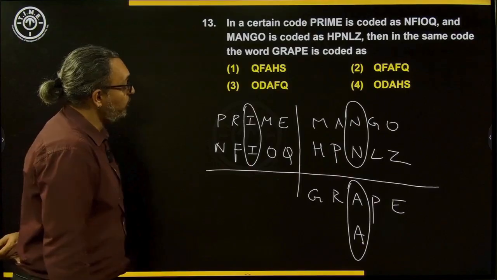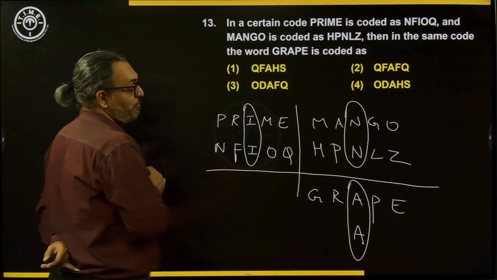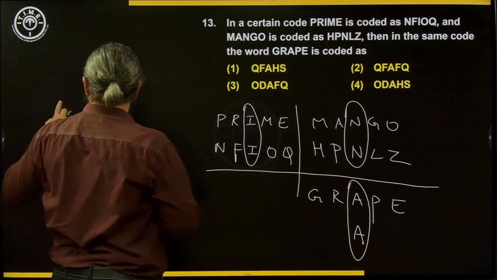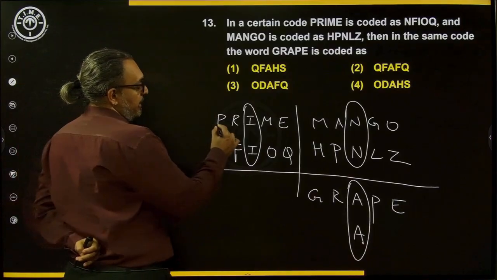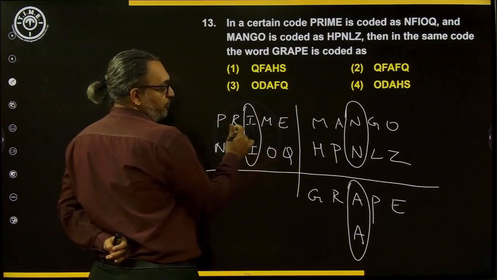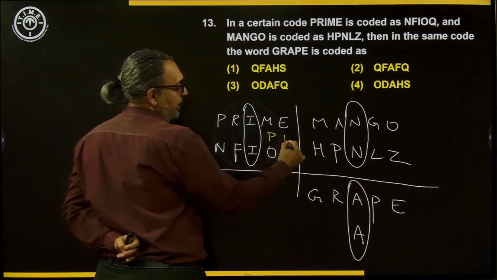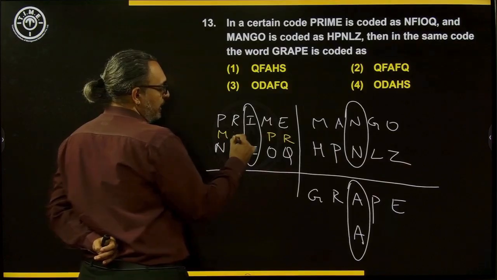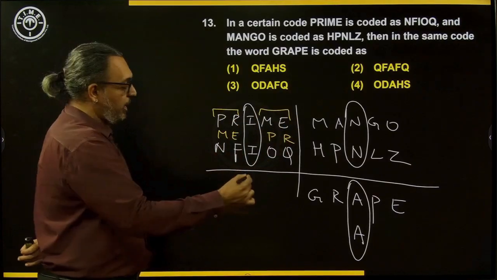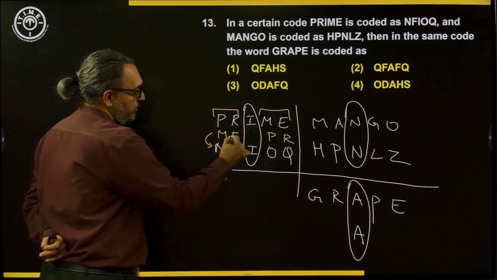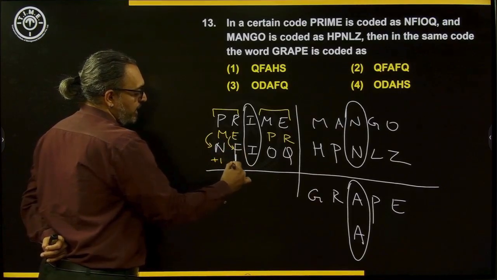Then, what is happening is, he is considering exchange of these two, means he is writing P and R here, M and E here. So these two and these two are exchanged. And then see what is happening here to here, +1, the next alphabet.